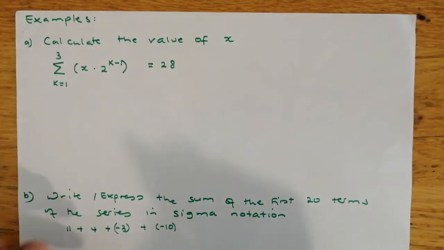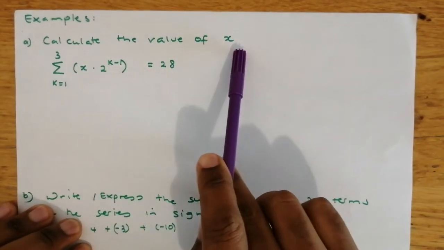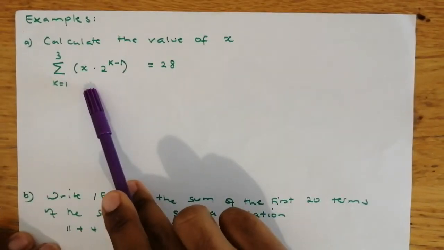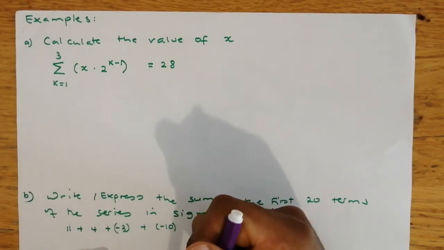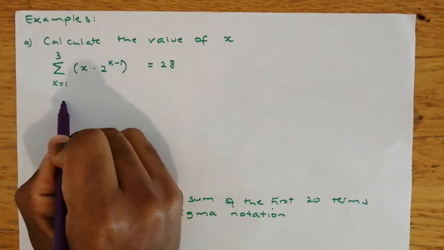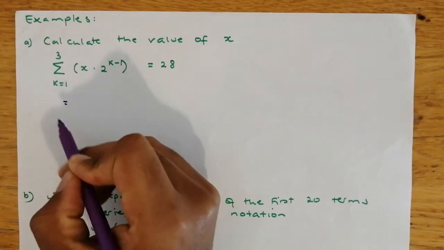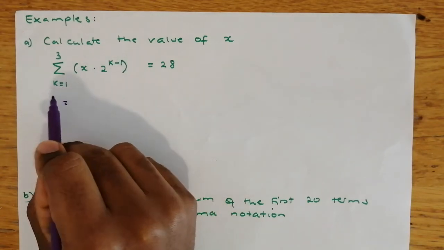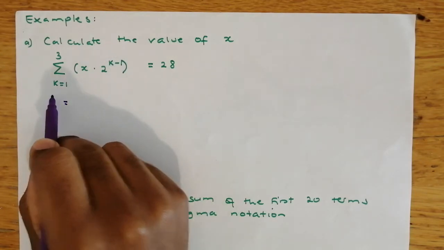I trust you can see number A. It says calculate the value of x when you are given this. So we did stuff like this: what does this actually mean? If you just expand this, the lower bound there is k equals 1, so wherever there's k, we put 1.